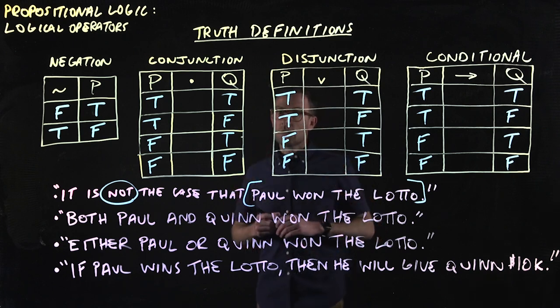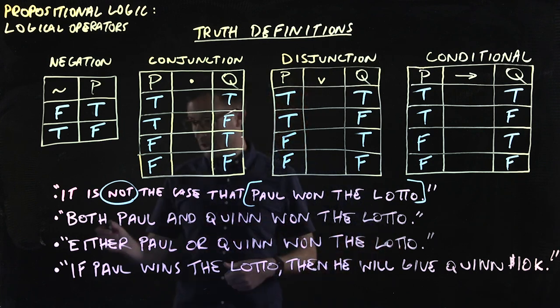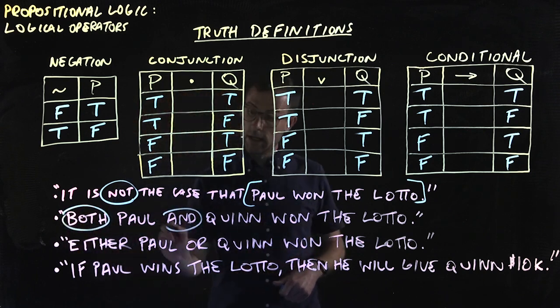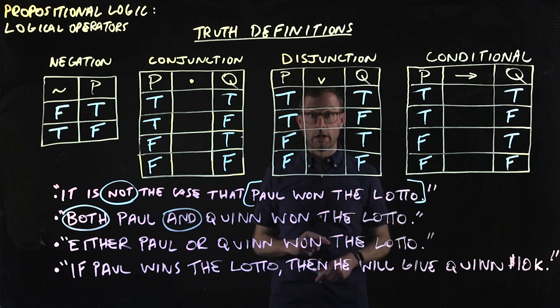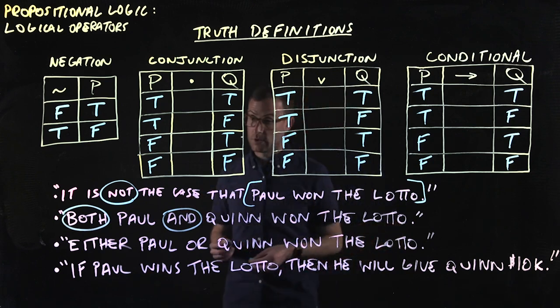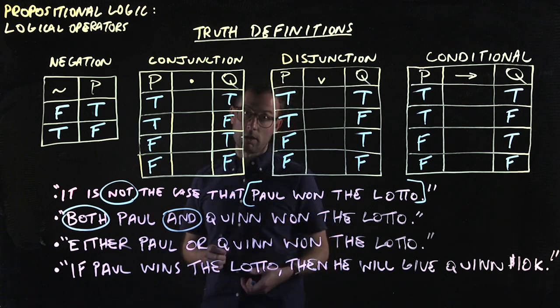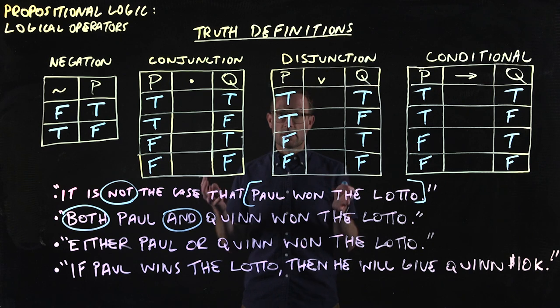Now let's look at conjunction here. Recall that conjunction expresses a both-and relationship among the simple propositions in the sentence. So: both Paul won the lottery and Quinn won the lottery. Now, thinking about the natural language sentence there, what we need to think is when would this sentence be true and when would it be false?